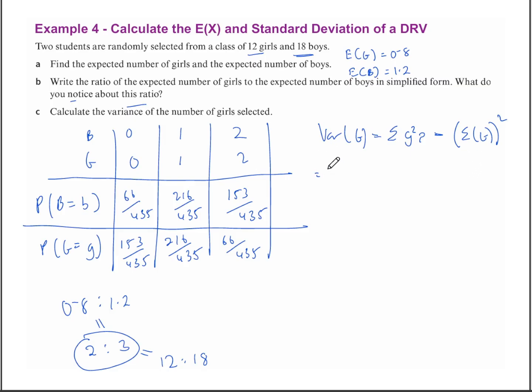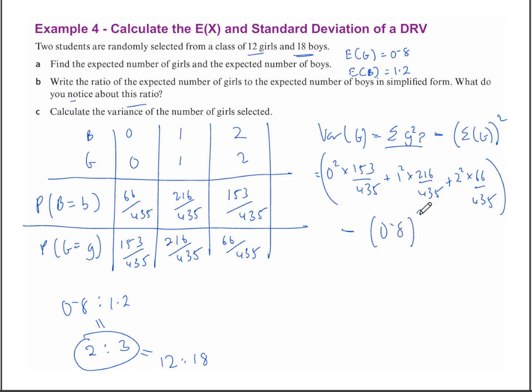This will equal 0 squared times 153 over 435 plus 1 squared times 216 over 435 plus 2 squared times 66 over 435. That's for the sum of G squared P. Then we subtract the expected value of G squared, so 0.8 squared. And this will give us 0.463 as our variance for the girls.